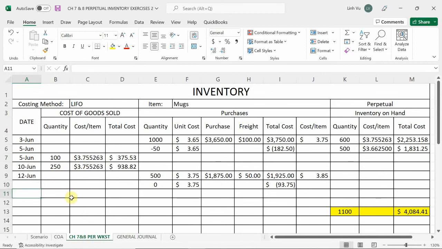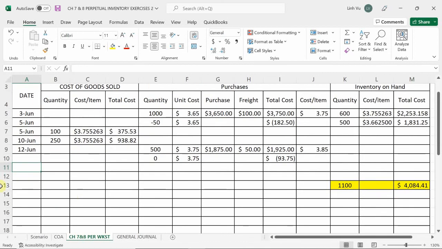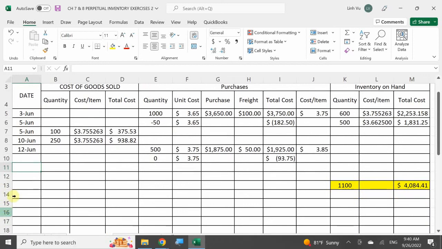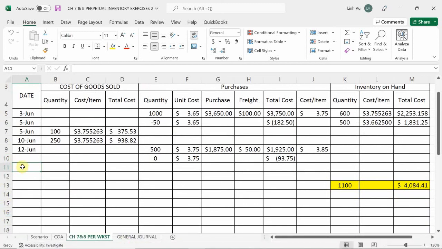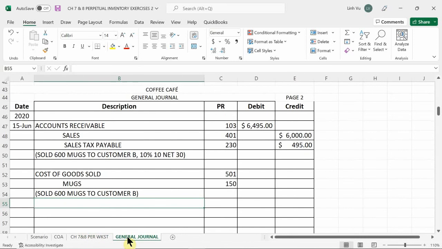You know how we have sales and sales tax payable under accounts receivable? How come it's not sales tax receivable? Because the sales tax money that we're collecting is money that we owe the government.